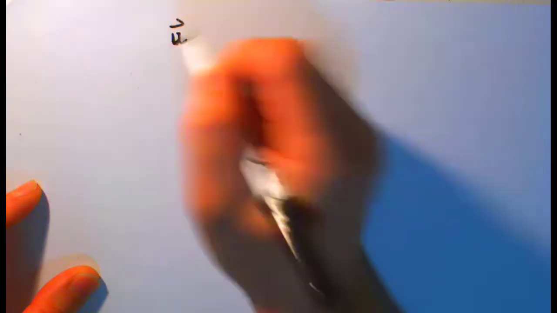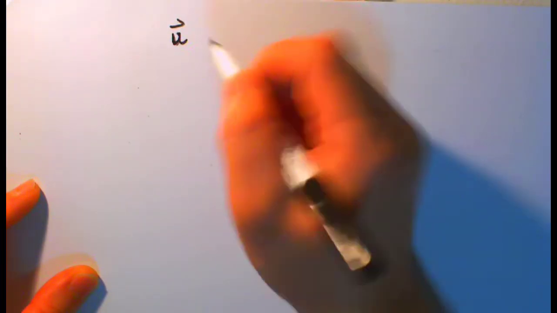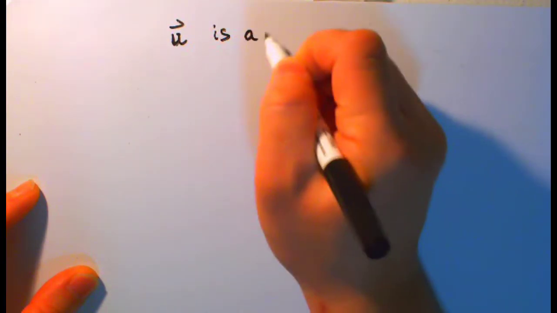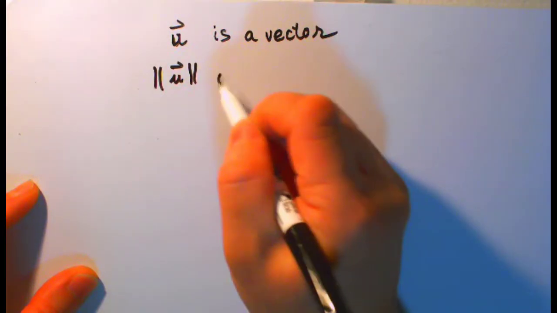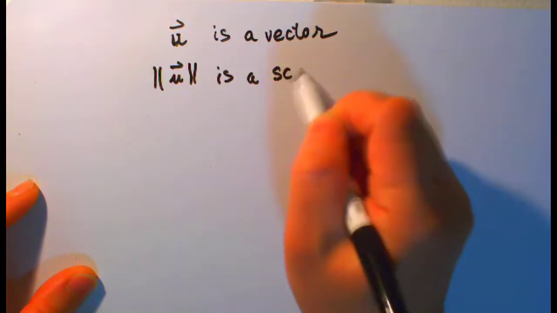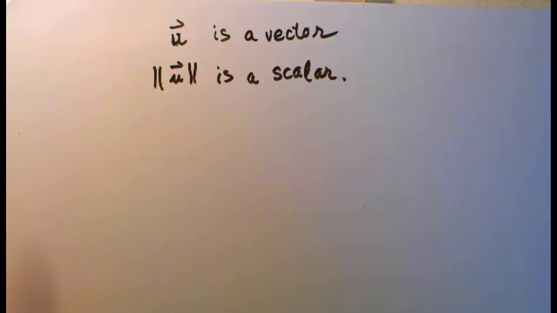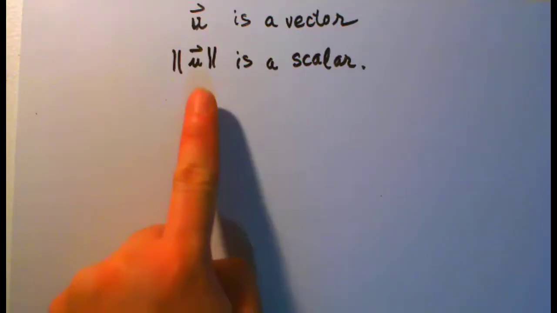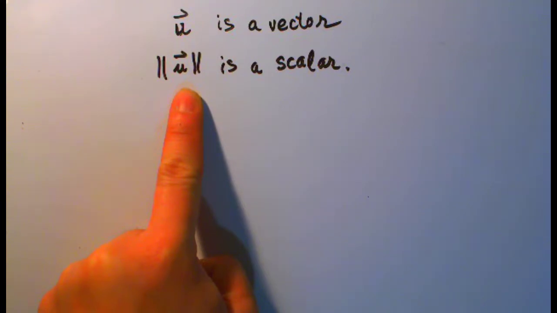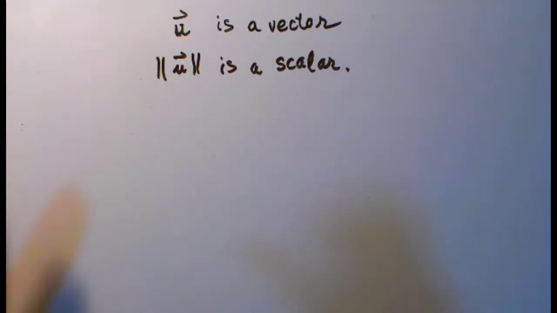So if you have a vector u with an arrow, then the length, well, we call it length, but it is a scalar. Hopefully everybody viewing this video at this point agrees with me on that. As long as we understand that the length of a vector is a scalar, and being a scalar, you can multiply it with some other vector.